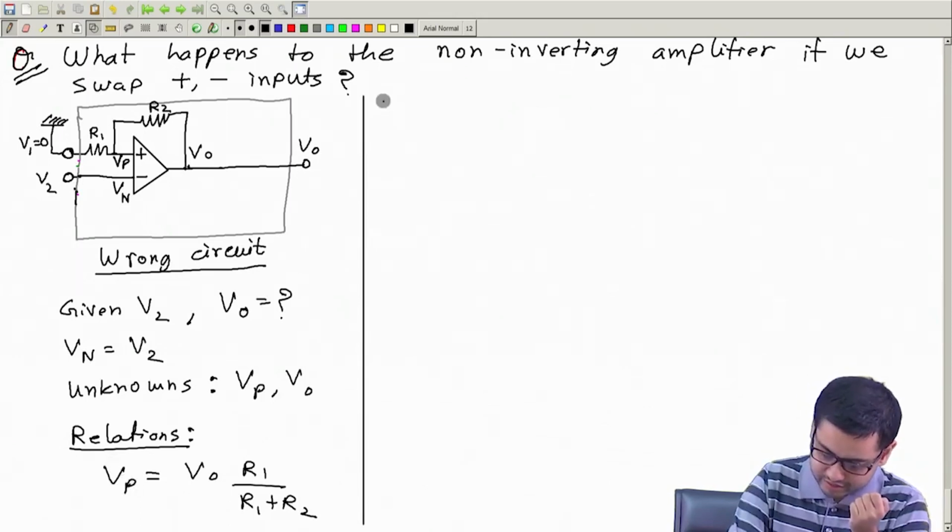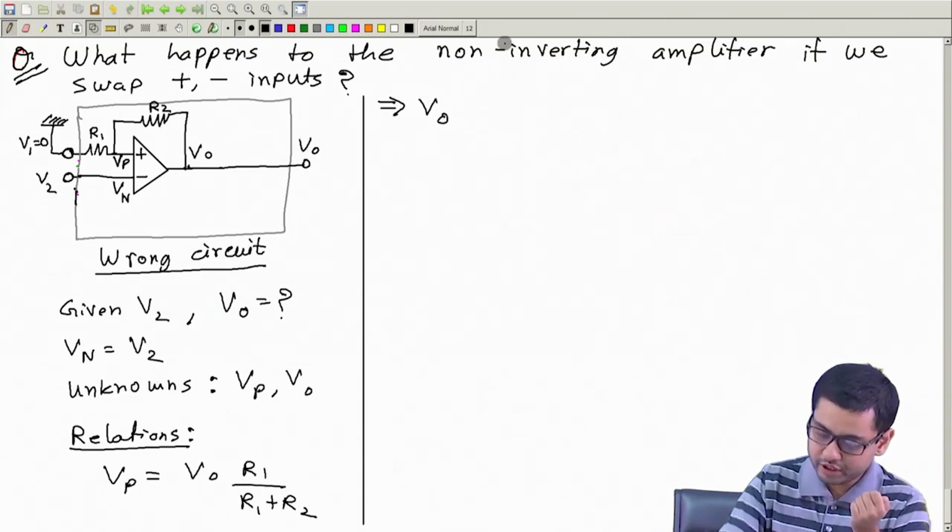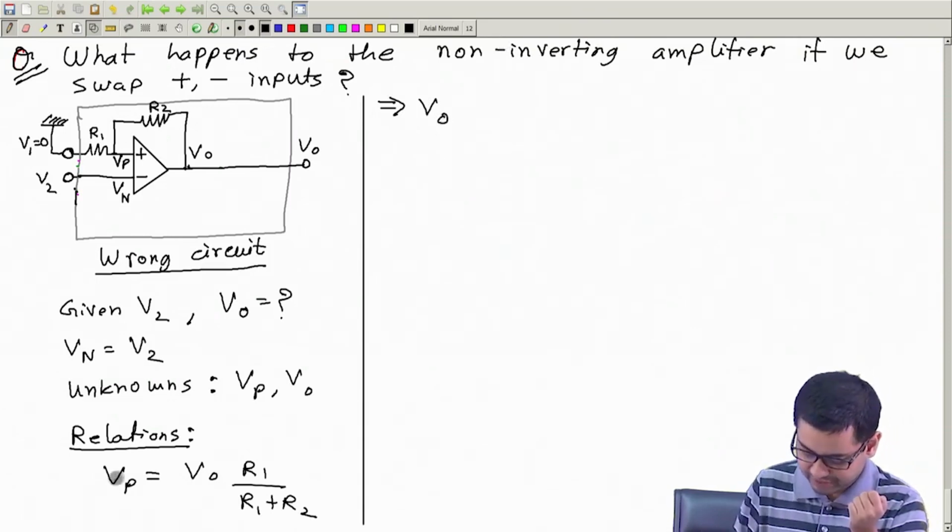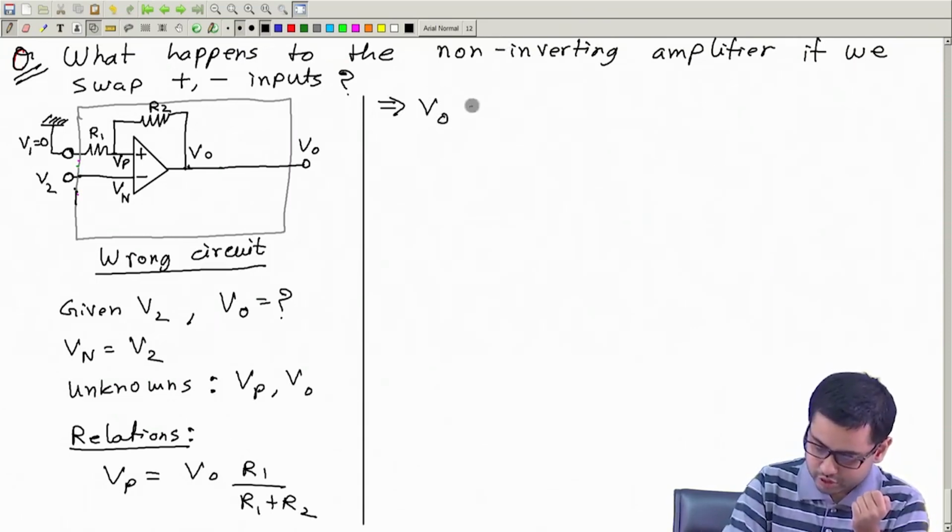Now let me write the same thing in terms of Vo, because we will draw Vo along the y-axis, Vp along the x-axis. This will become Vo equal to Vp multiplied by R1 plus R2 by R1.